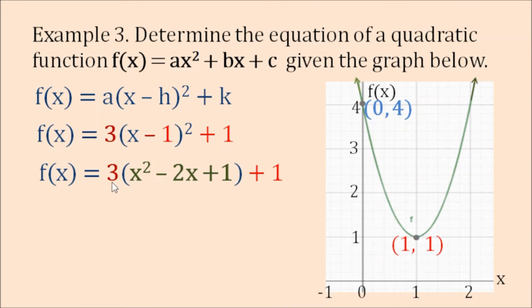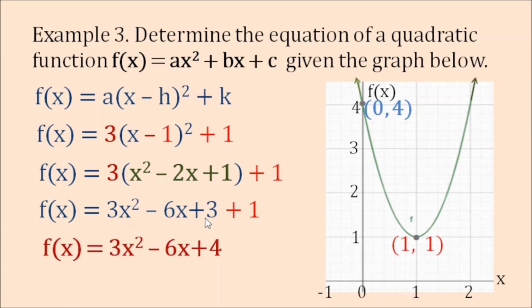Then multiply 3 times x squared is 3x squared. 3 times negative 2x is negative 6x. 3 times 1 is 3. Then the plus 1 is still here, and we can combine 3 and 1 here. So our equation is f of x equals 3x squared minus 6x plus 4. So this is the equation of this graph we have here on the right.